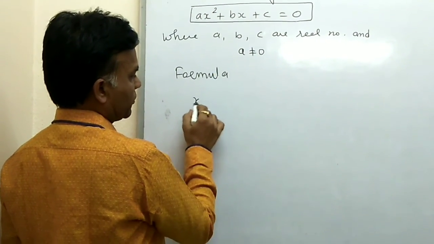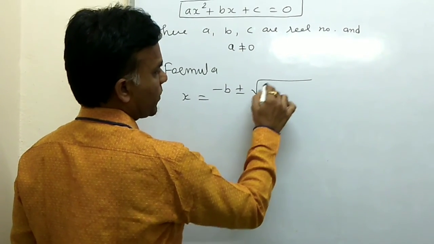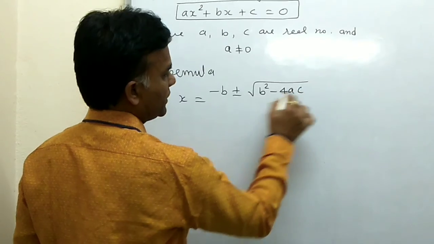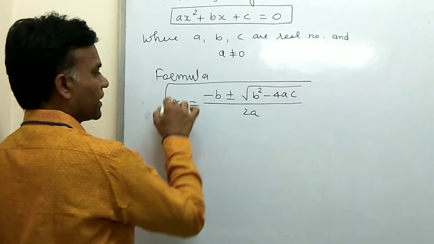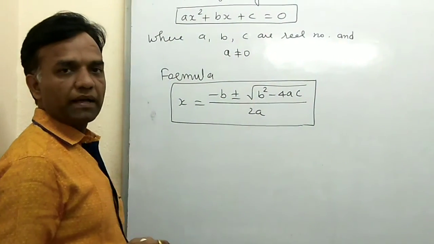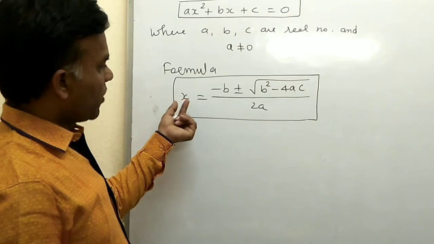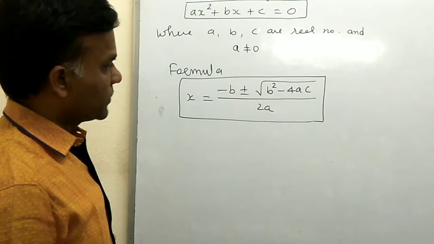So first I explain the formula: x equal to minus b plus minus under root b square minus 4ac upon 2a. In a previous video I also explained how this formula comes, using the method of completing the square, and then we got x equal to minus b plus minus under root b square minus 4ac upon 2a.